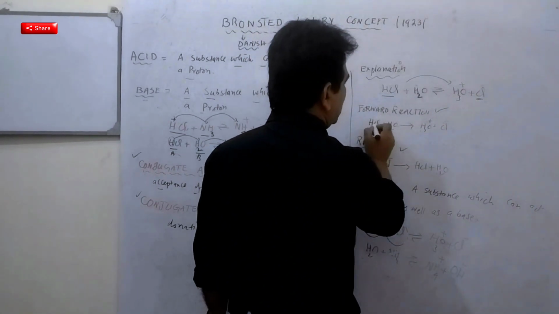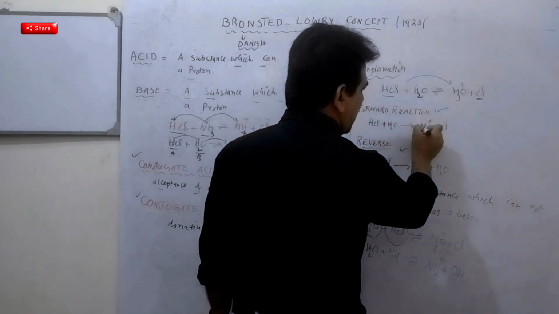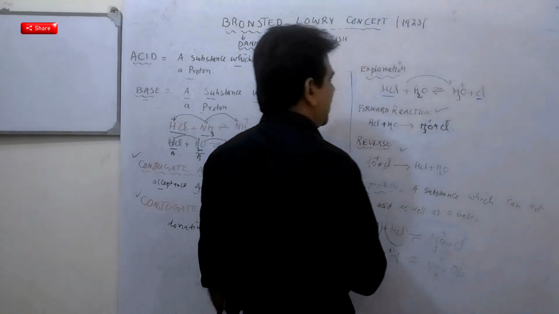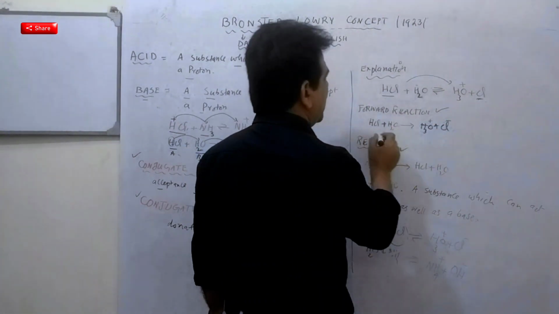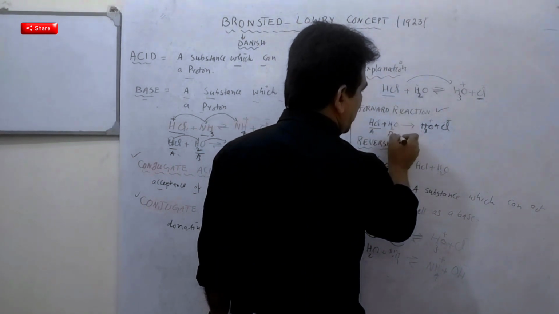In a forward reaction, what happens? HCl reacts with water to form hydronium ion H3O+ and a chloride ion Cl-. This is the forward reaction. Here HCl will act as an acid and water will act as a base.